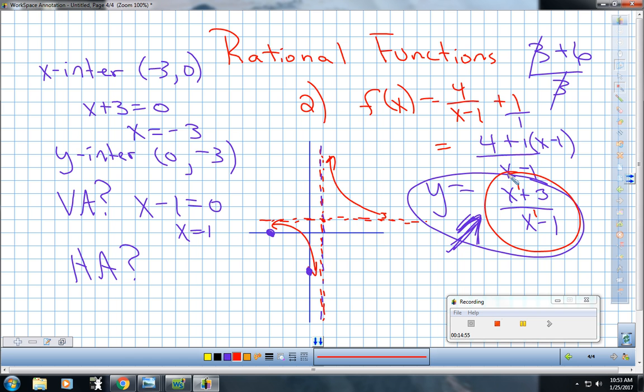What is x over x? 1. So when the degrees are the same in the numerator and the denominator, there will be a horizontal asymptote at the ratio of their coefficients, which in this case is just 1 over 1. Does that make sense?